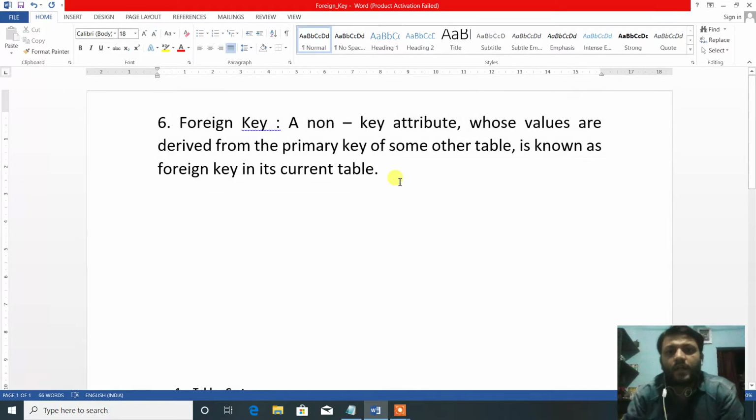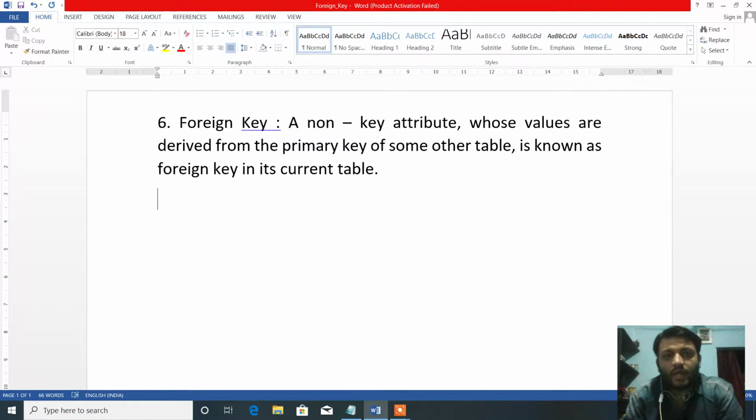A non-key attribute whose values are derived from the primary key of some other table is known as foreign key in its current table. So this is the purpose of foreign key.